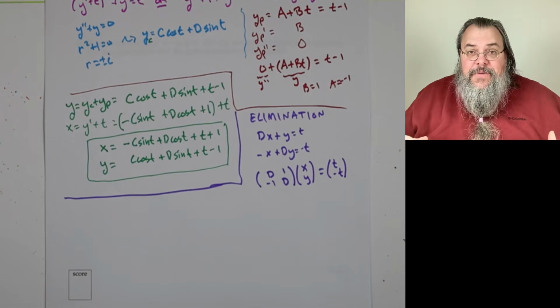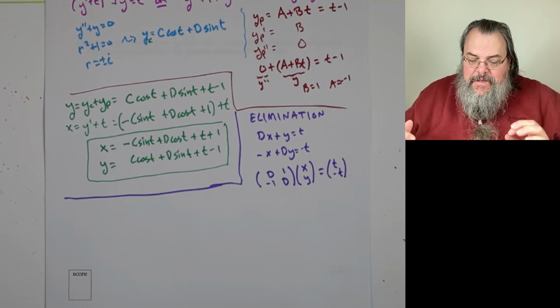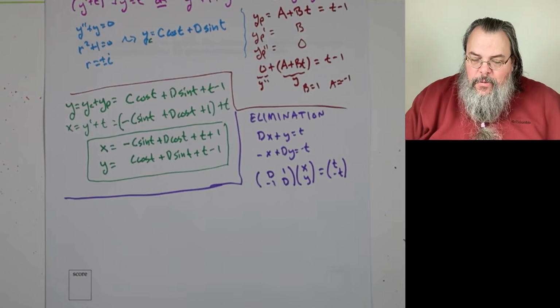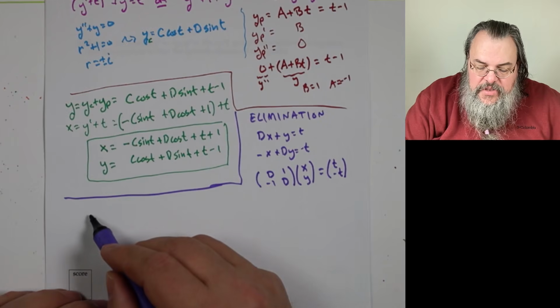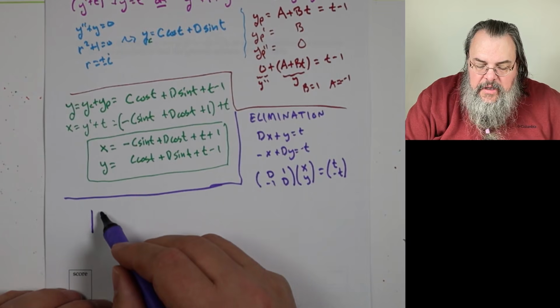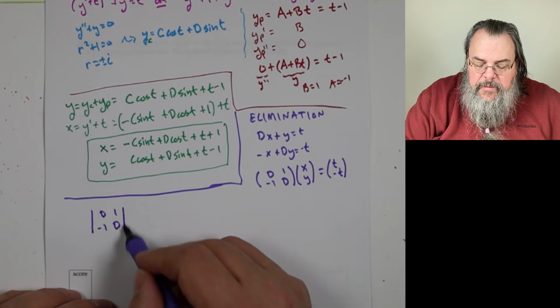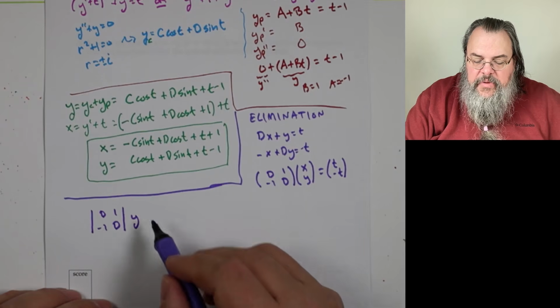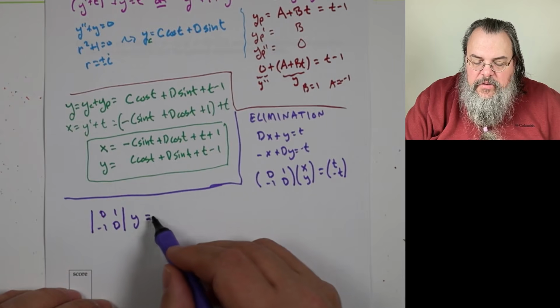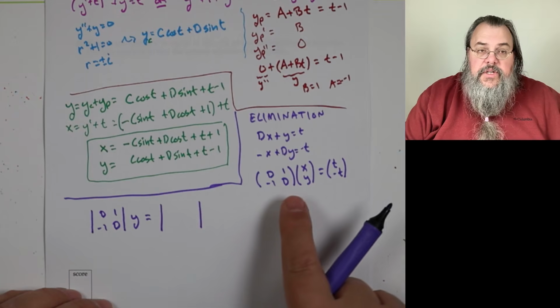Doesn't matter which one, x or y. Let's pick y, just so we can compare where we get to. Cramer's rule says you take the determinant, which we'll denote with this bar, of D, 1, minus 1, D, and multiply that by y, and that's going to be equal to the determinant, except we're going to do a switch.